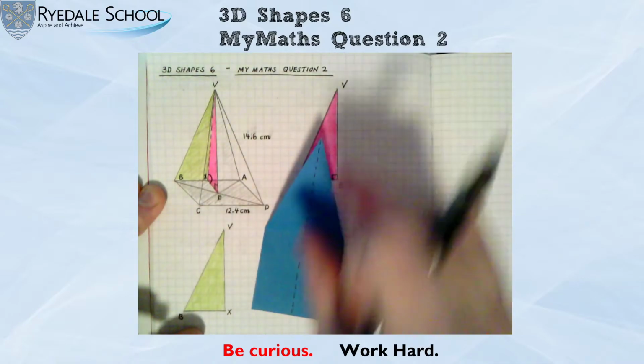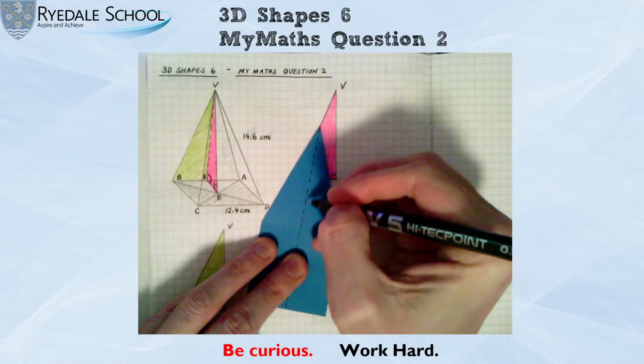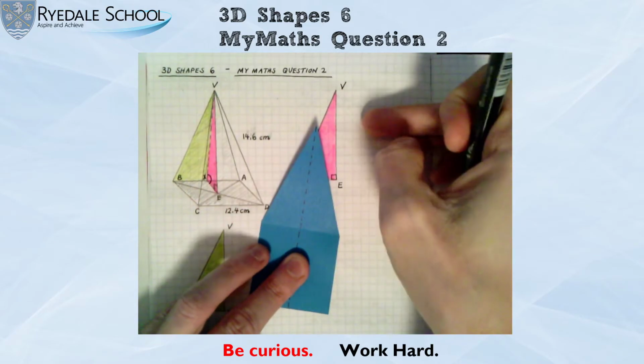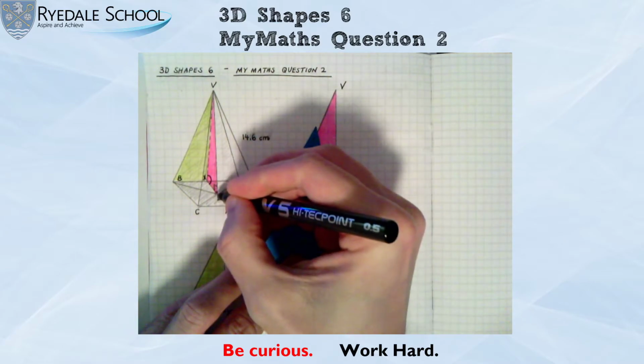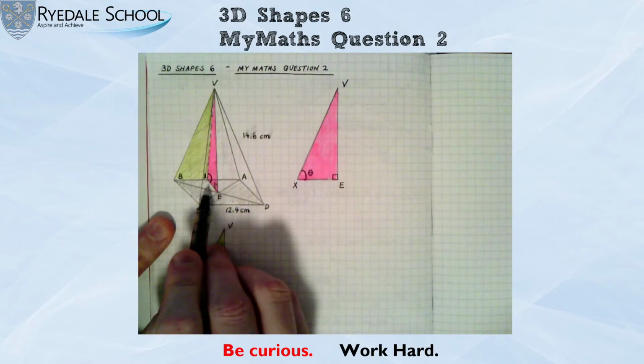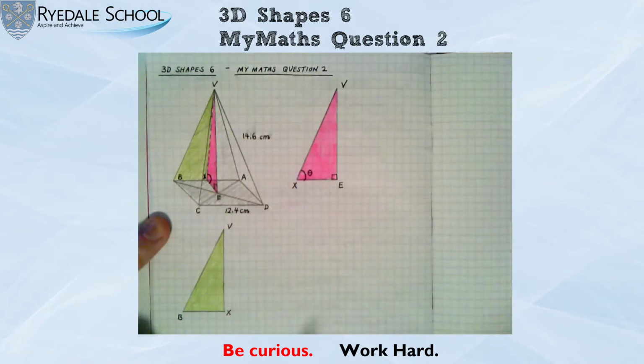So this dotted line here is this dotted line here, and that is forming a right angle triangle. It is this angle that I have marked, that I have called VXE, that is the angle that I need to work out.